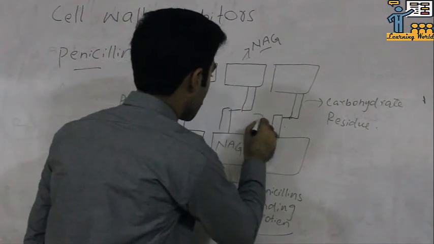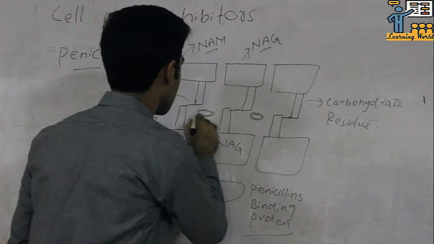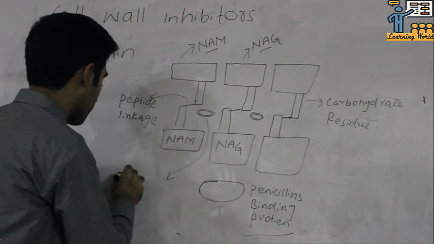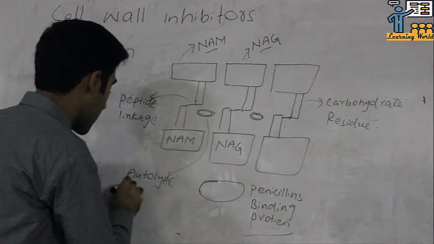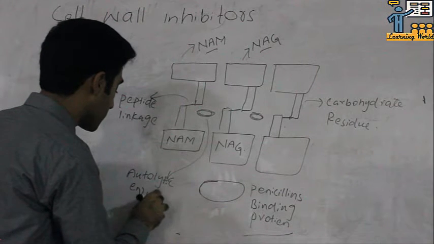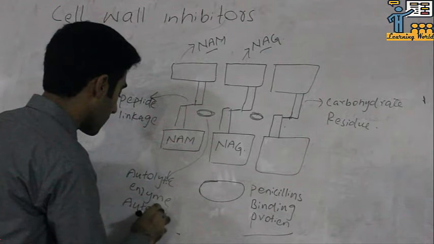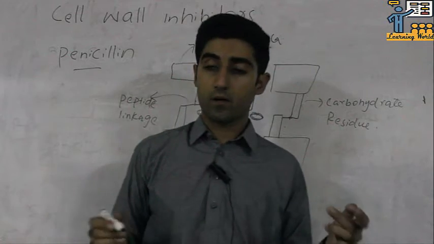These enzymes are autolytic enzymes such as autolysin. Autolysin enzymes are present in the center of the peptidoglycan layer.